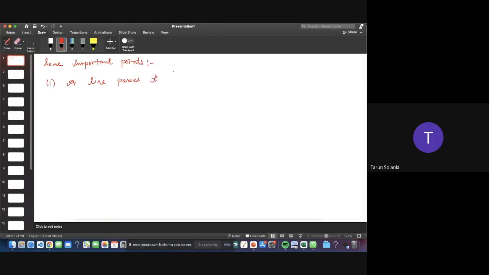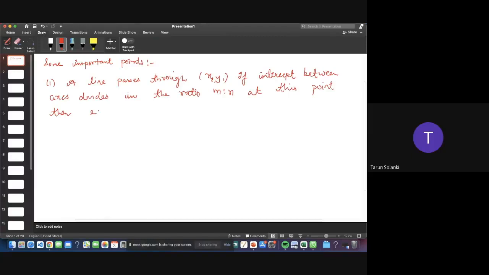A line passes through x1, y1. If the intercept between the axes divides it in the ratio m:n at this point, then the equation is mx/x1 + my/y1, which is always equal to m + n.